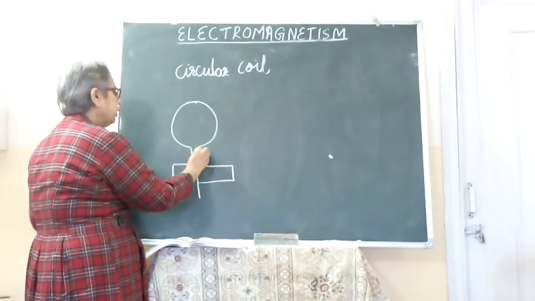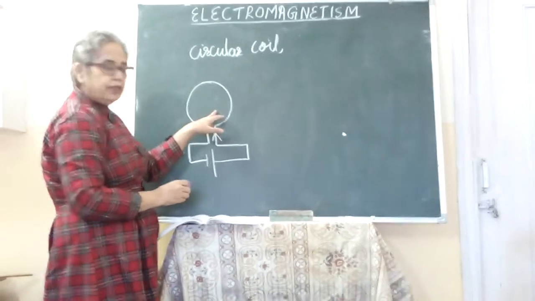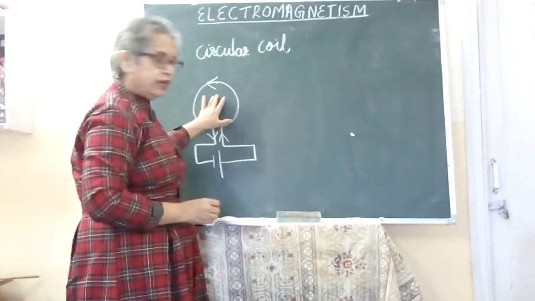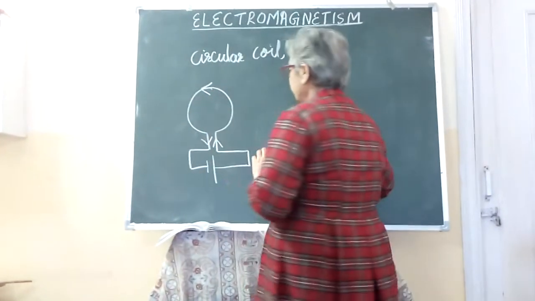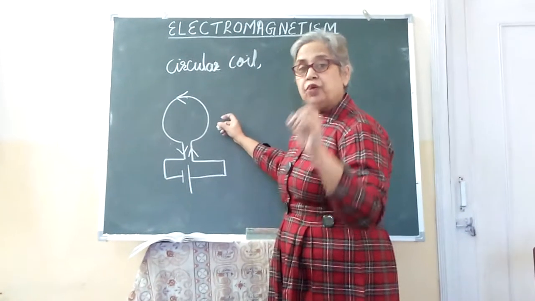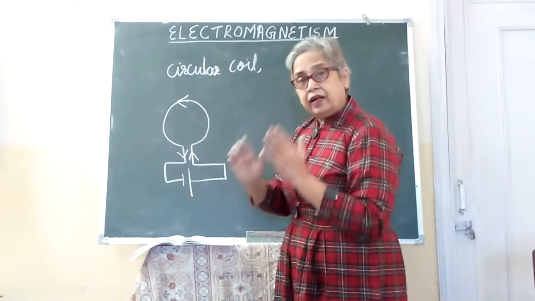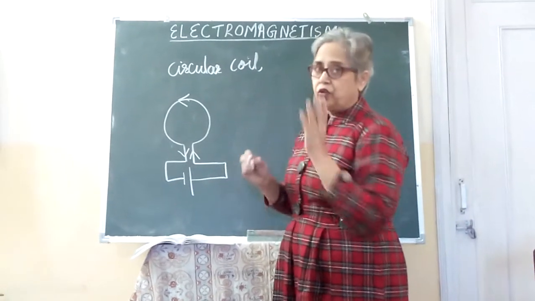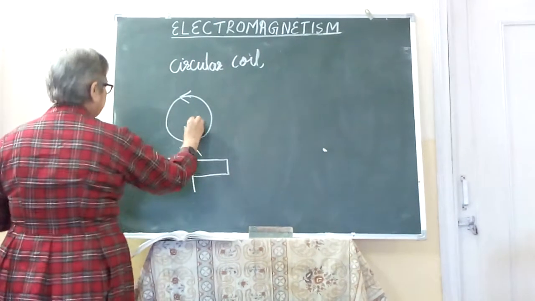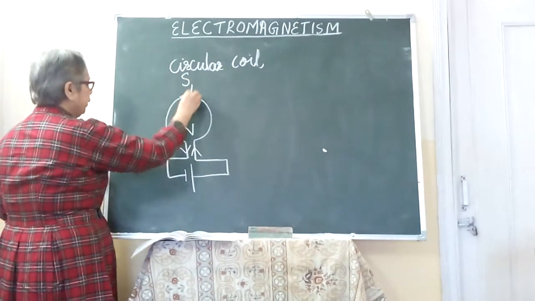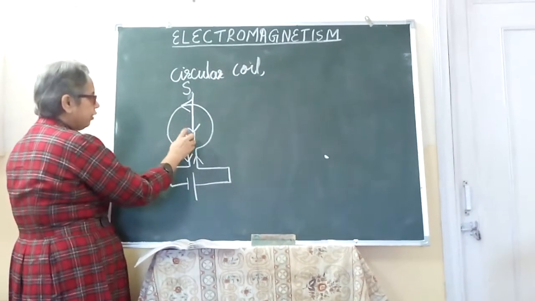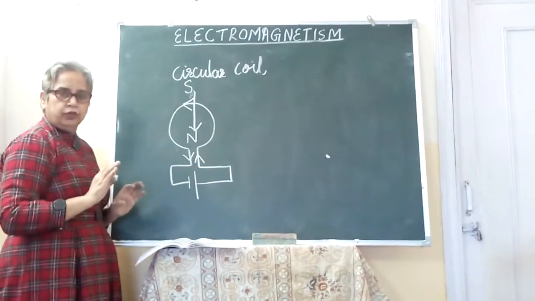Now the current is flowing from this side to this side. You can easily see that it is anti-clockwise. So the end which is facing you is anti-clockwise, the end which is away from you is clockwise. So this is the north and the face which is behind is the south pole. Okay, this is north and that is south.